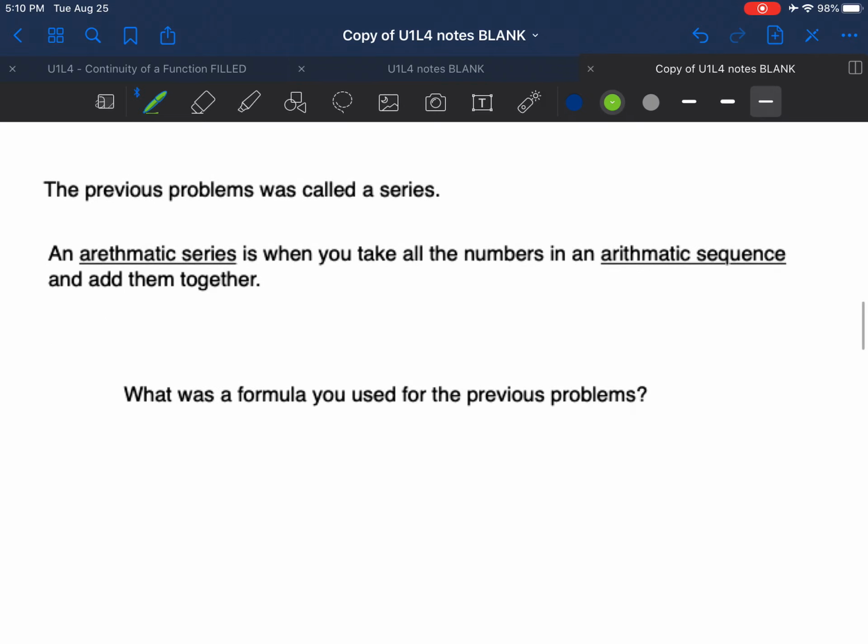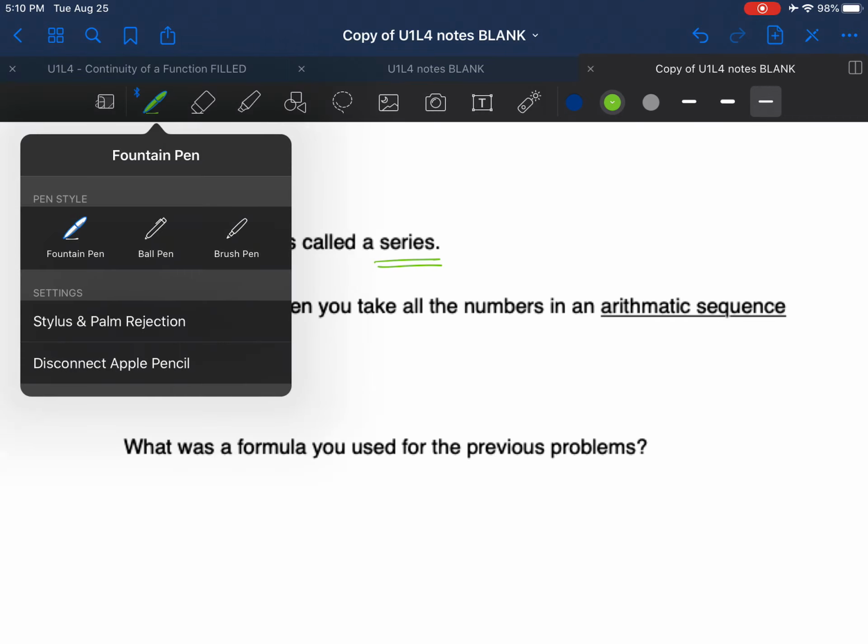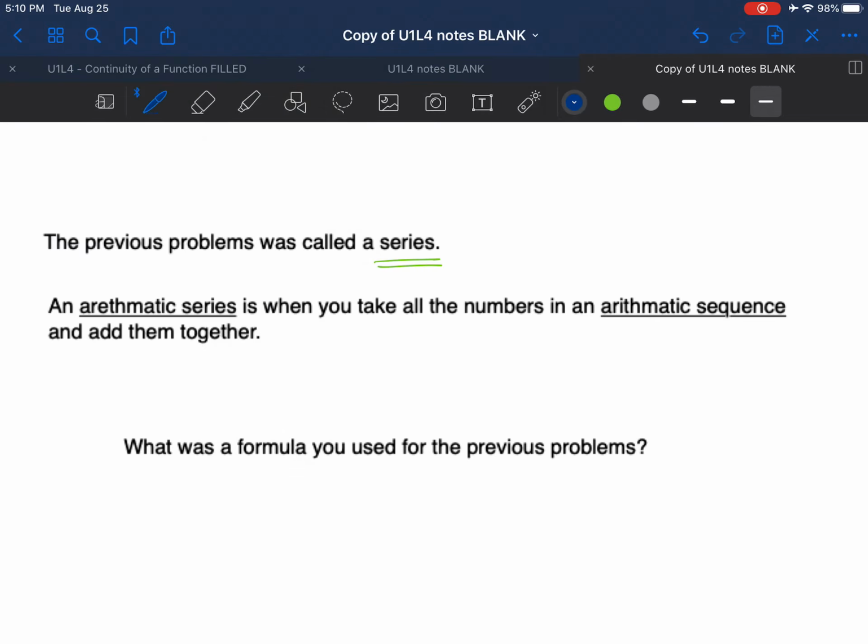So all those three previous questions had us computing a series. Okay, and what a series is, very generally, right? A series is equal to the sum, so we're going to add, of terms of a sequence. That's it. All right.